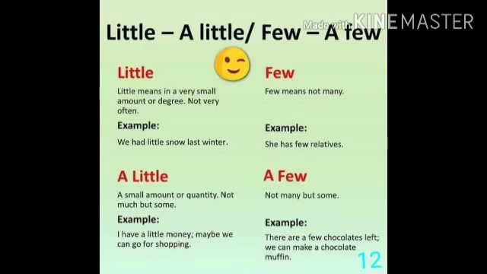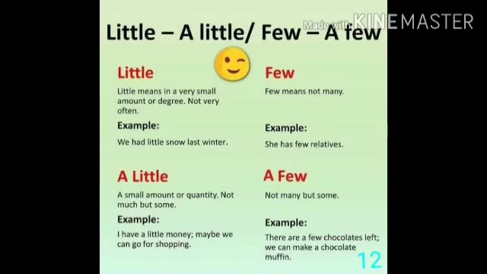It is used with plural nouns. It means some, a small amount, that is not many but some. Example, there are a few chocolates left, we can make a chocolate muffin. Here a few defines the quantity of chocolates we have, so a little and a few are used to give a positive idea in a sentence. Hope this is clear to you.